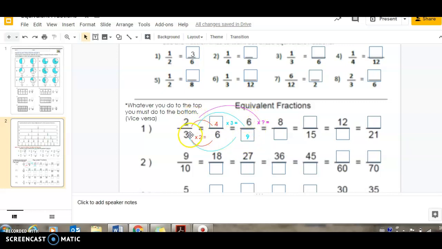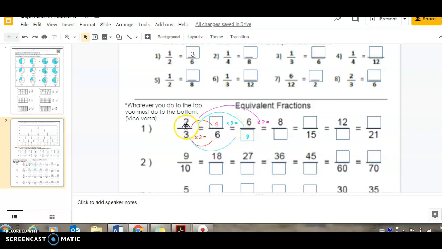All right, let's look at this next fraction here. So we have 2/3 is equivalent to 4/6 is equivalent to 6 what? Now, I've filled this in for you already, but let's go back and have a look at how I got that. So again, we're going to always go back to our first fraction, our 2/3 in this case. And so you can see by my blue line here that the relationship between 2 and the given number, 6, is 3.